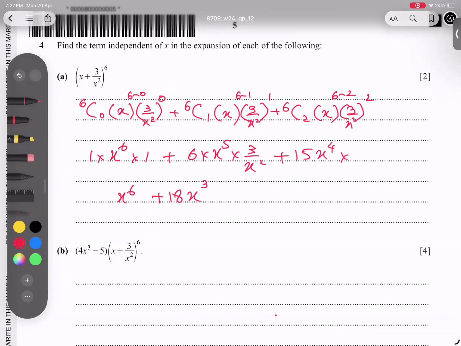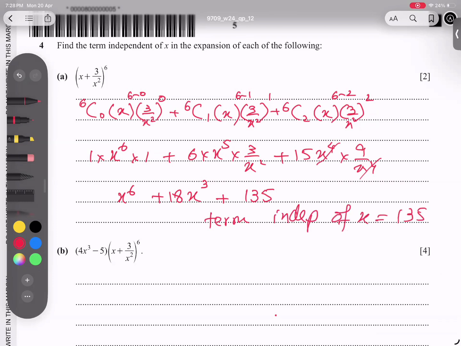Here the square of 3 is 9, x to the power 4. They cancel out. And I'm getting here 9 times 15, which is 135. So this is the independent term. I'm writing here: term independent of x is equal to 135.